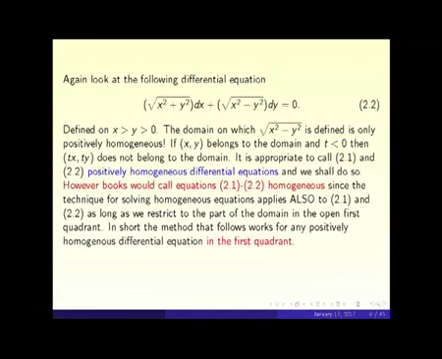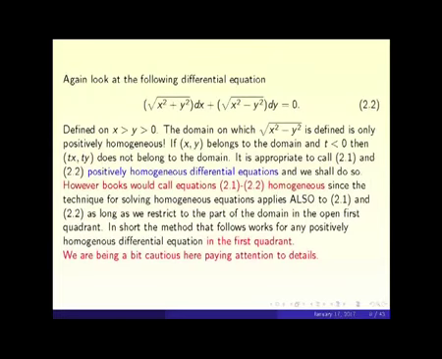So in short, the method that follows works for positively homogeneous equations as well as homogeneous equations in the first quadrant, whereas if it is a homogeneous equation, then you don't have to worry about the first quadrant, it's valid throughout the domain. So that's the reason why books don't distinguish between them, because they assume tacitly that we are working in the first quadrant.